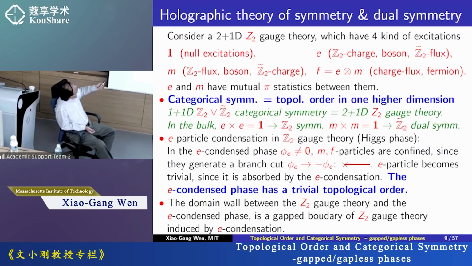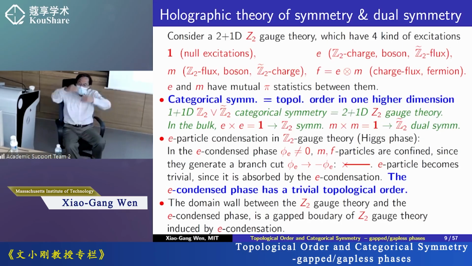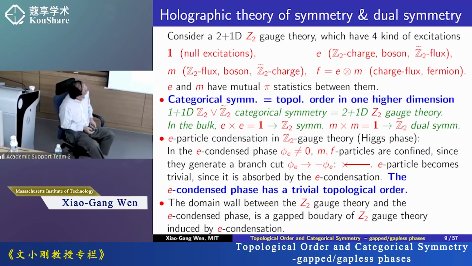It turns out that the Z2 charge can be viewed as the dual Z2 flux, and the Z2 flux can be viewed as a dual Z2 charge, because the domain wall in the Z2 is the flux of Z2, but the domain wall is a dual Z2 charge. That's how we have this relation.